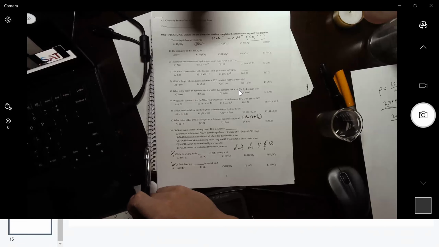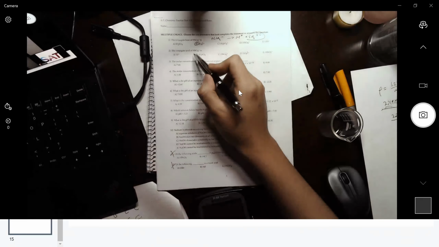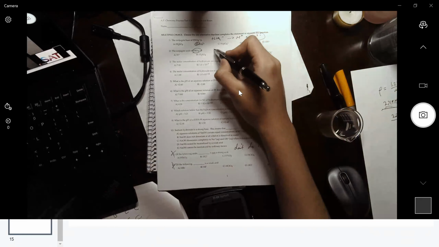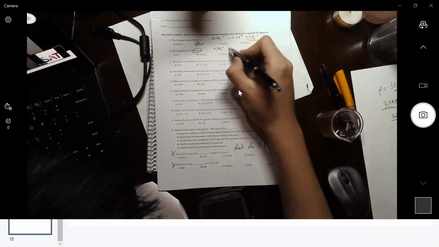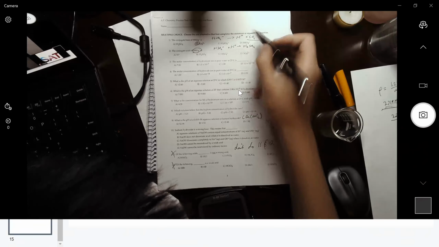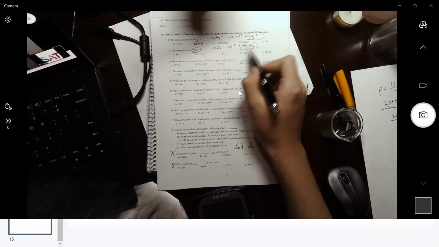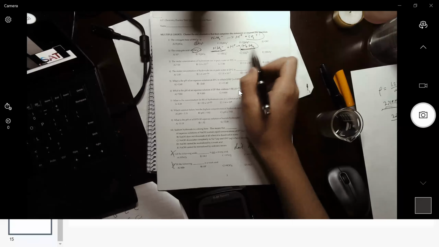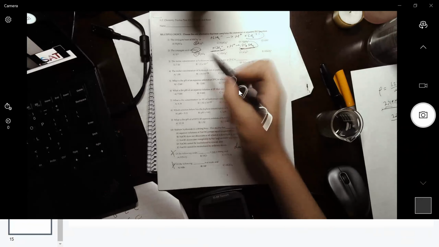The conjugate acid of this. So we need to see this act as a base. Right, so here we have this acid, and this base and its conjugate acid. So it's B. What about 3?